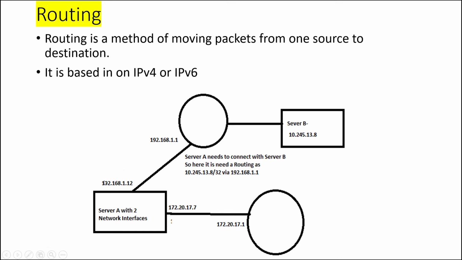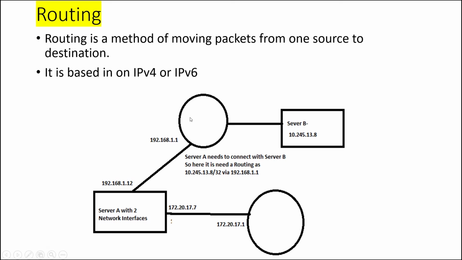Server A has IP address 192.168.1.12, and it is connected with the router at the top of the diagram, which has IP address 192.168.1.1. So if you need to reach server B, first you must go to 192.168.1.1. So then data will be sent using this path.